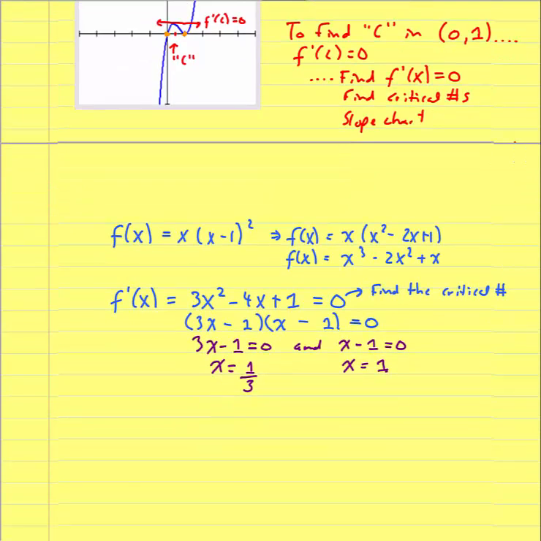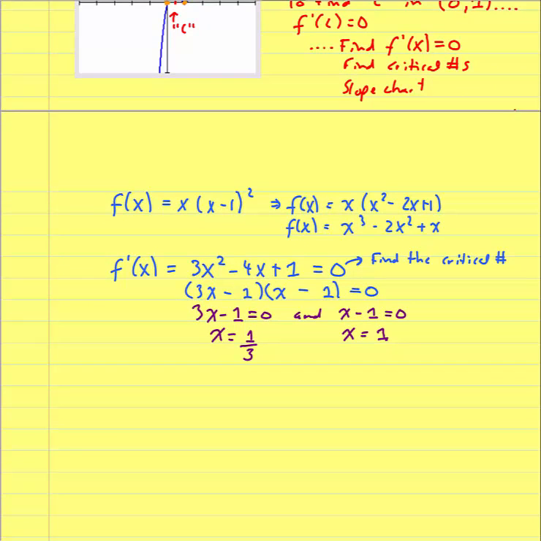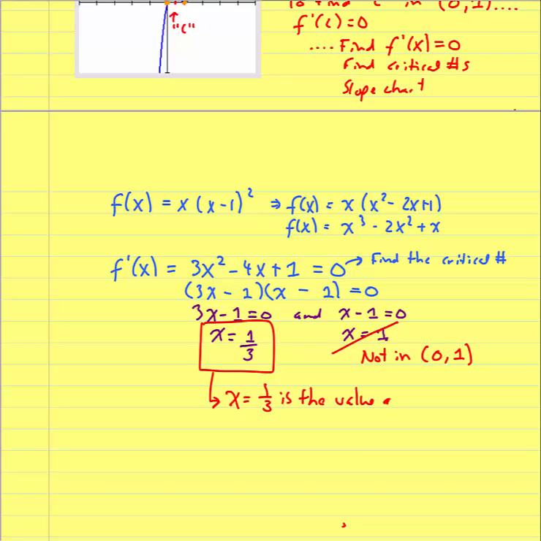So when I come down here and I'm looking at this value of 1, I can eliminate it because it's not in my interval from a to b, or 0 to 1. Because this is an open interval, meaning I never quite reach 1. So x equals 1/3 is the value that is guaranteed by Rolle's theorem. I should say I hope it is. We still need to check it.